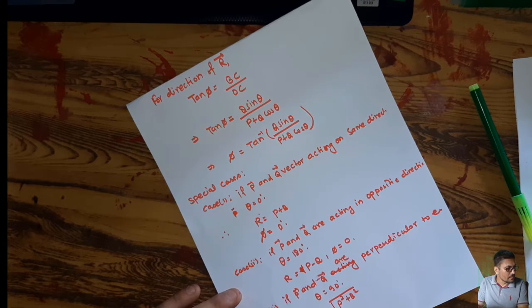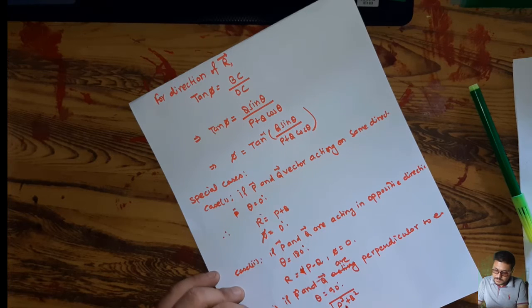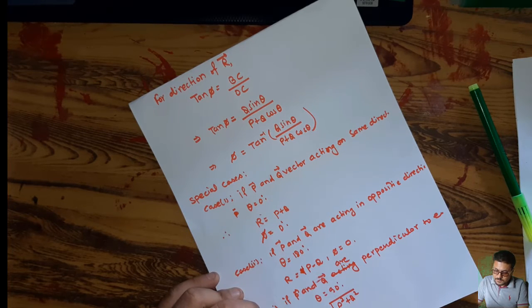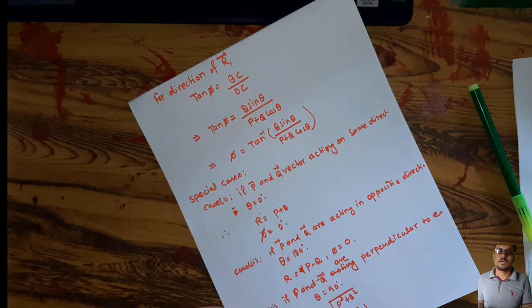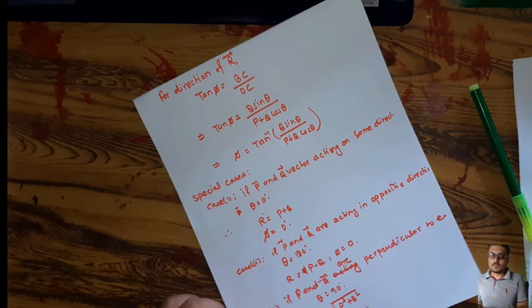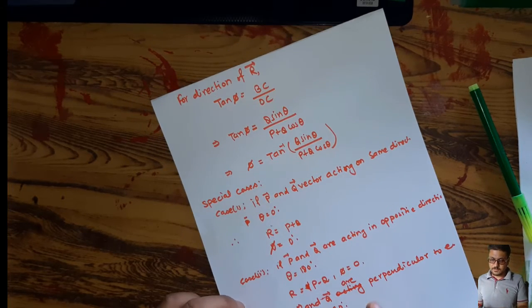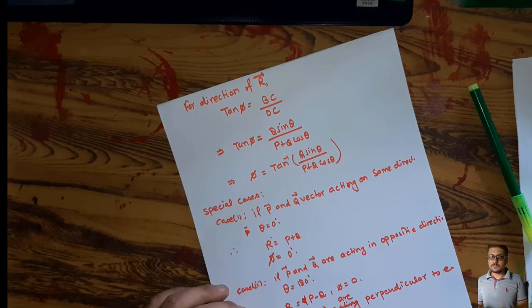And phi is equal to, putting theta equal to 90, tan inverse of Q by P. By these we can define the parallelogram law of vector addition.